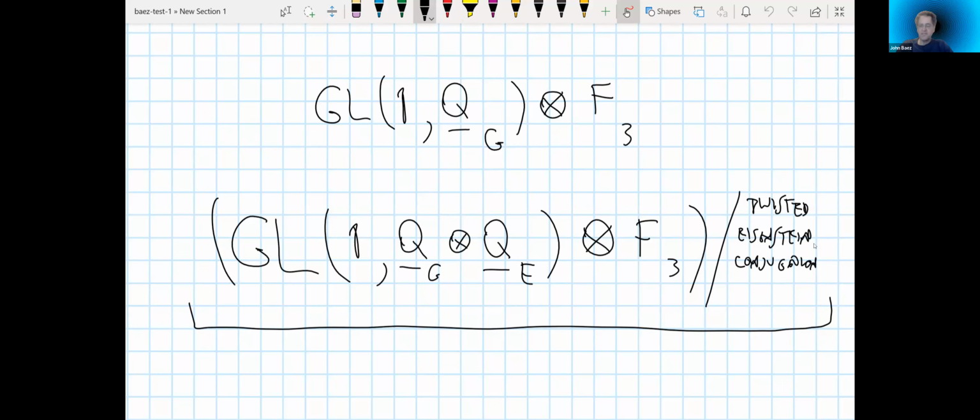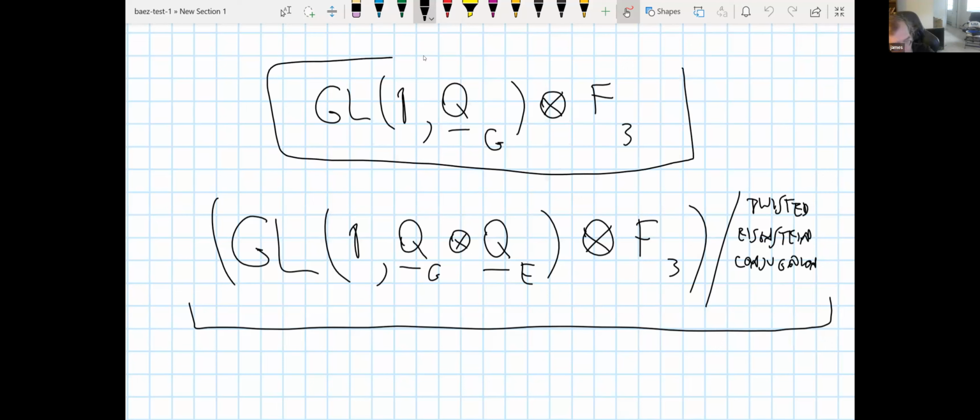So mod out by Eisenstein conjugation, you're getting this vector space of these Gaussian tensor Eisenstein. Yeah, I mean, remember the mistake I made at the beginning was first I said this thing really looks like it has a basis corresponding to the Gaussian primes, except maybe one tiny glitch or something like that.